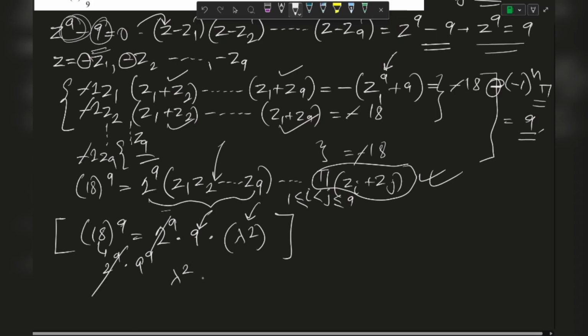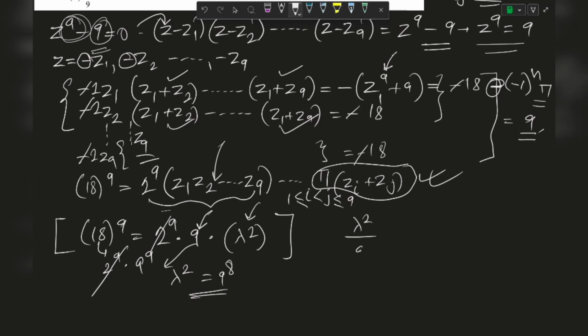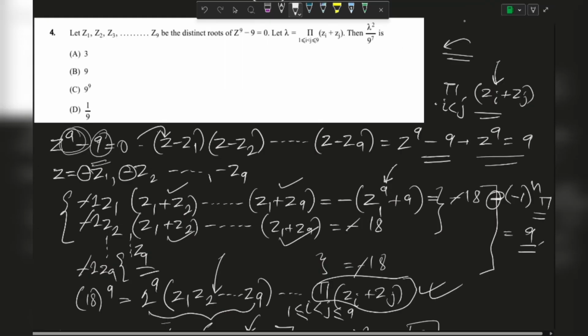If we take this 9 to this side, lambda squared is basically 9 power 8. Now I guess we were to find the value of lambda squared by 9 power 7, which is basically 9. And now they had asked which options are not the answer to this question. I guess this was it, or I will check once. Okay, I'm sorry, this was a single correct. So they had just asked the answer to this question. So the answer is B.